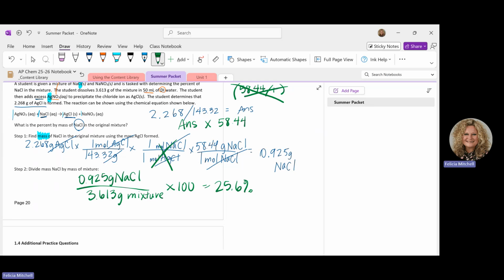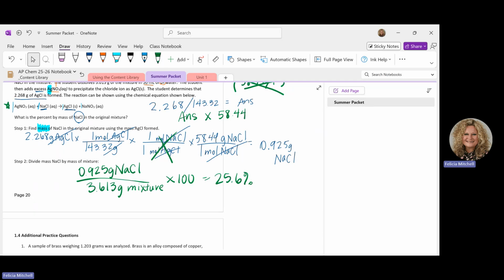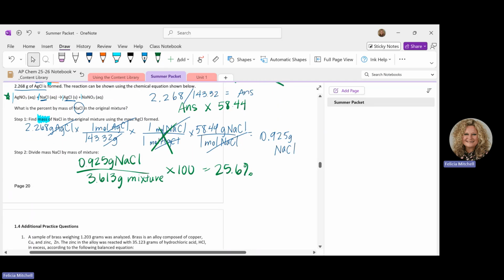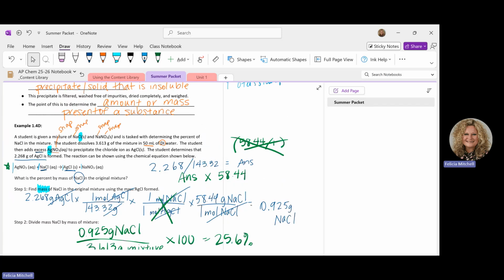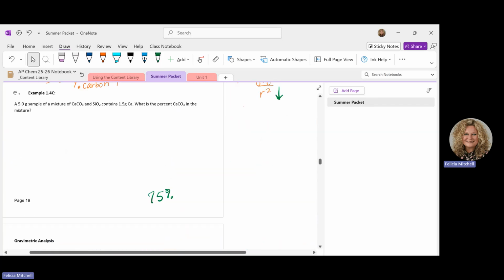Now, they gave you the balanced chemical equation up here, but there's going to be times when you have to come up with that equation. We're going to practice that throughout the year. But that is a very, very good question and something that you could expect to see in May. So I really like that one. And that's when we did our chalk lab last year, trying to get you ready for this kind of stuff.